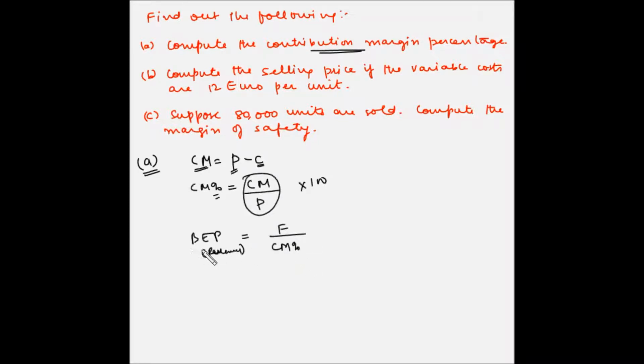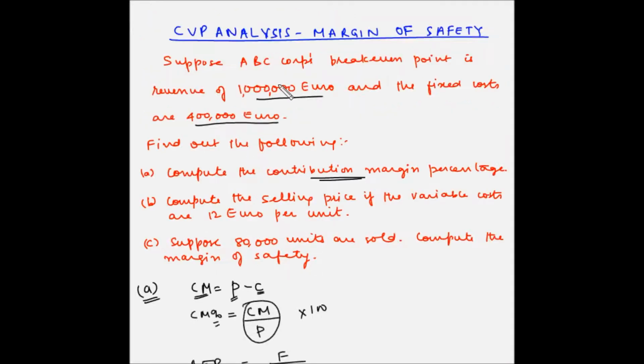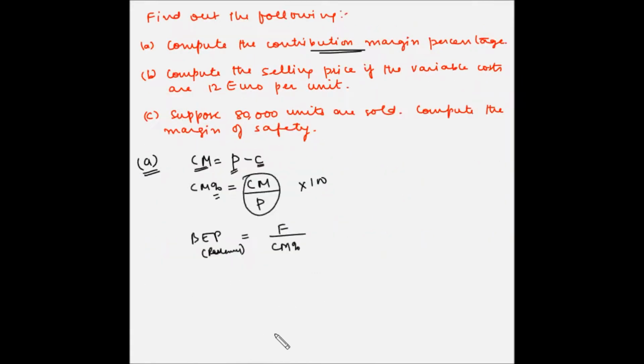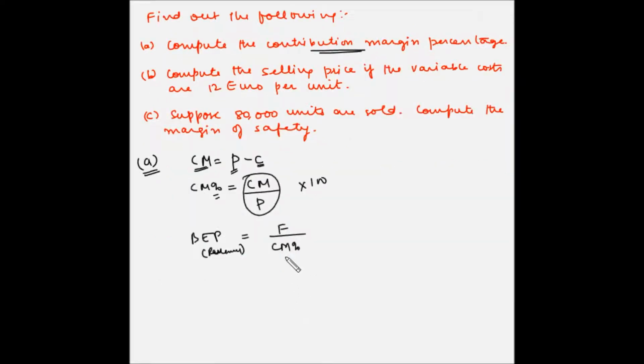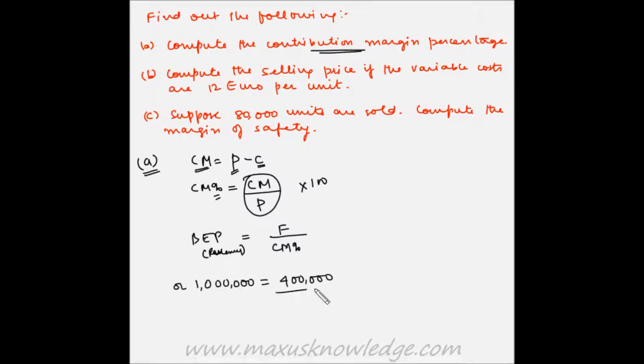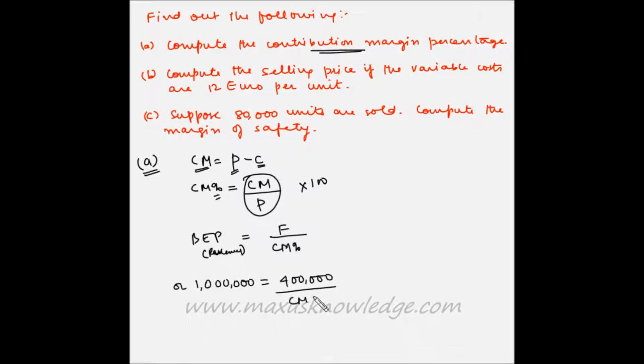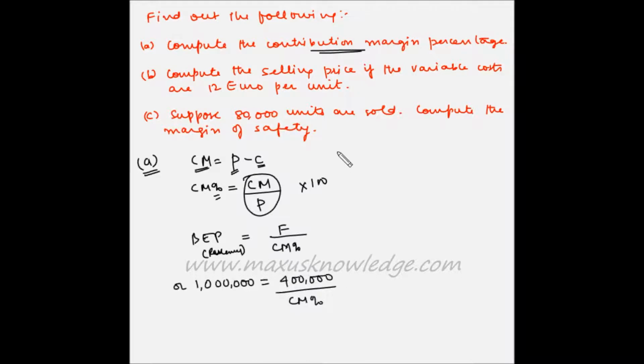So here we know the break-even point in terms of revenue, which is 1 million euro. We also know the fixed cost, which is 400,000 euro, and we want to find out the contribution margin percentage, which we can do using this formula. Or 1 million is equal to 400,000 divided by contribution margin percent.